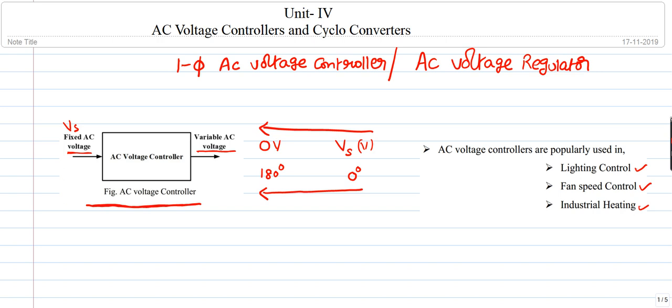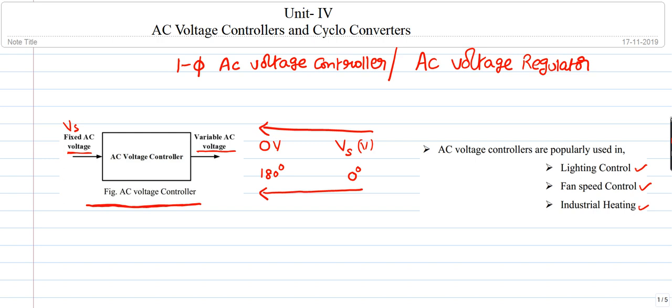So the other application is industrial heating. So by giving the different voltage levels to the heating circuit, we can have the different temperatures. So simply to have the required temperature, you need to give required voltage to the heating circuit. So these are the various applications for AC voltage controllers we are having.